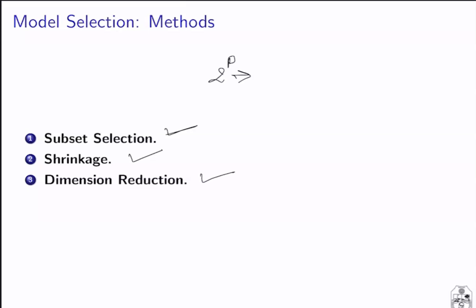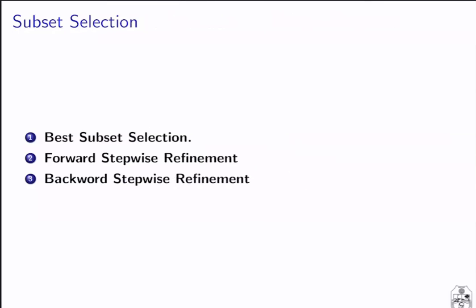Now I will explain all these three different methods. There are three different kinds of algorithms for the subset selection method. The first algorithm is called the best subset selection algorithm. The second algorithm is called the forward stepwise refinement algorithm, and the third algorithm is called the backward stepwise refinement algorithm.